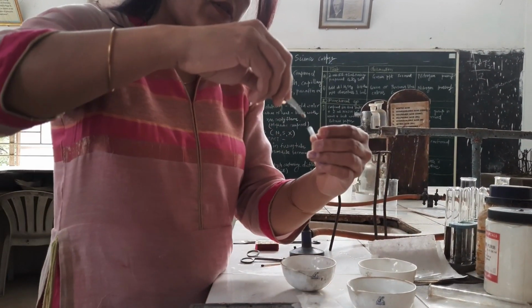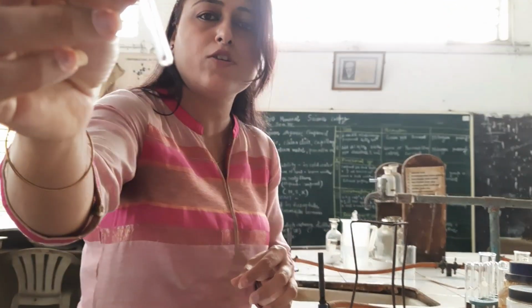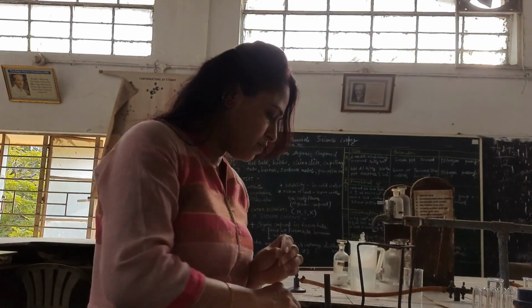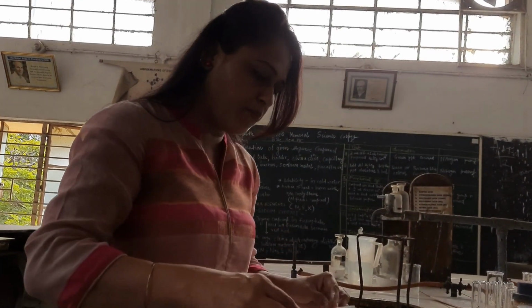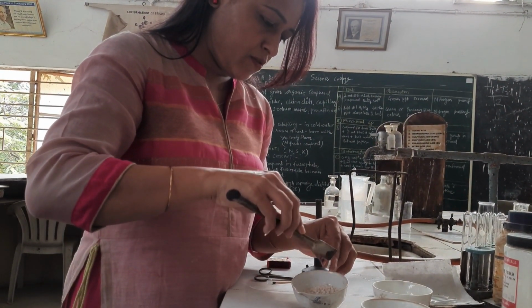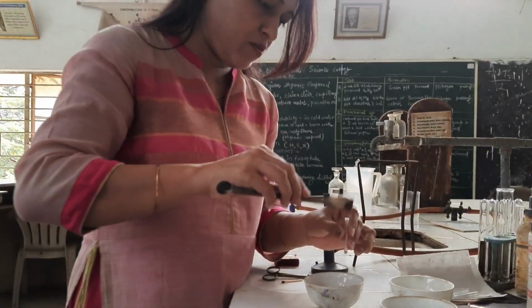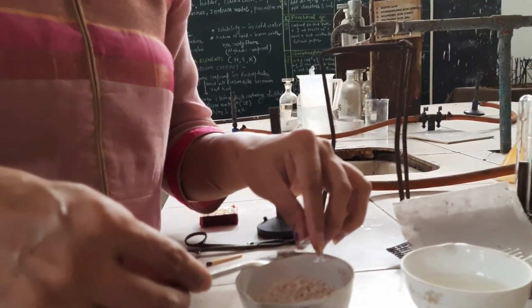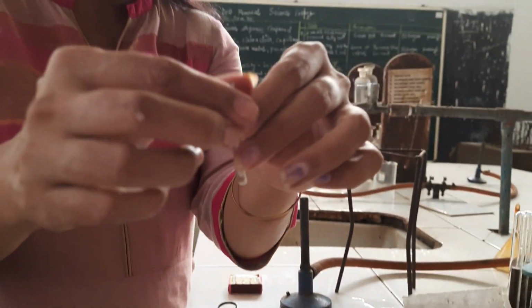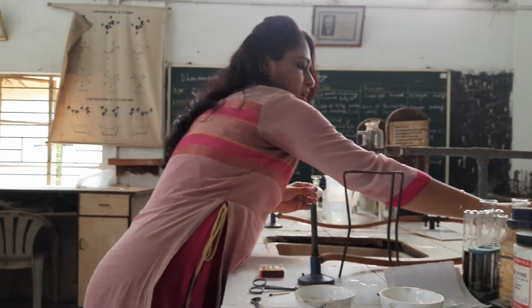So I have added the sodium piece into the fusion tube. Then add our compound. This is our given organic compound. Switch on the burner.